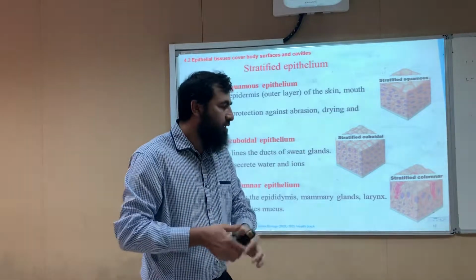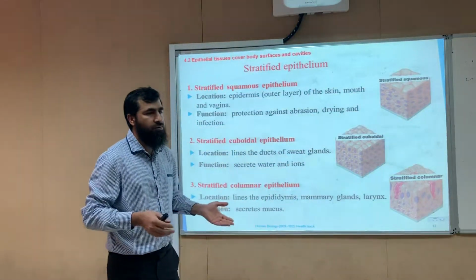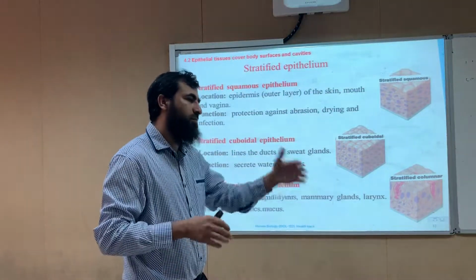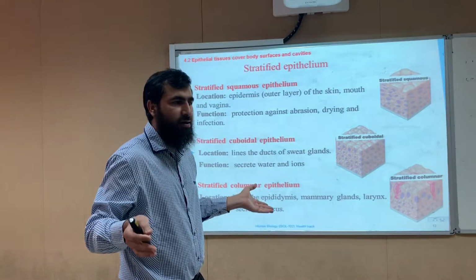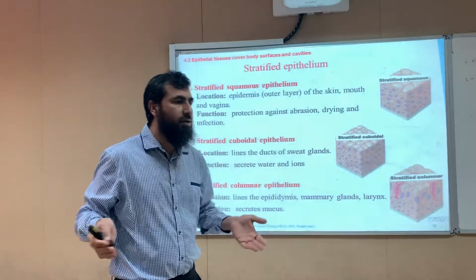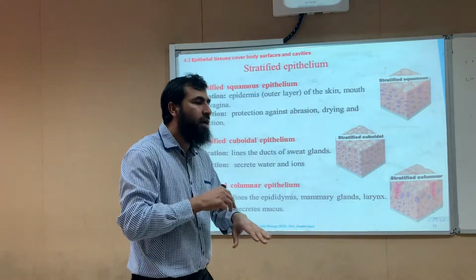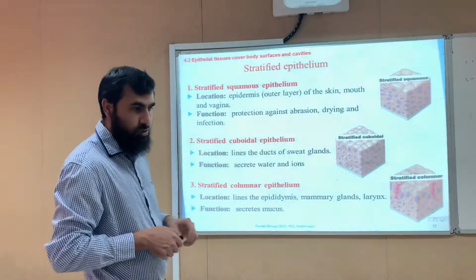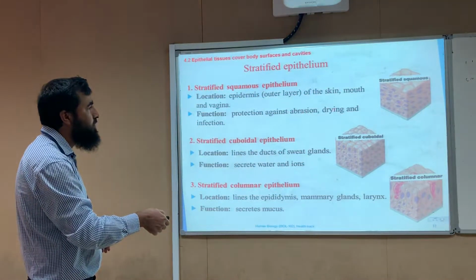Your skin is always touching things when you're moving around, so there is friction. If the skin didn't have multiple layers like this, it would cause damage to the internal tissues, okay? So the skin acts as a protection against abrasion and drying.